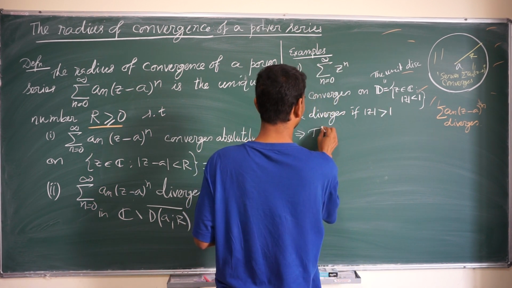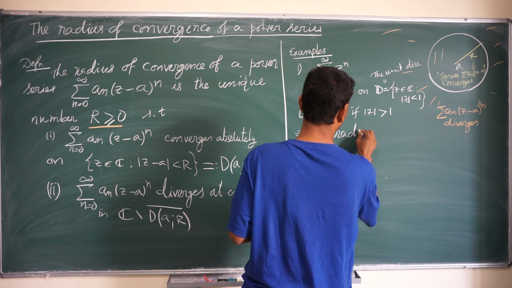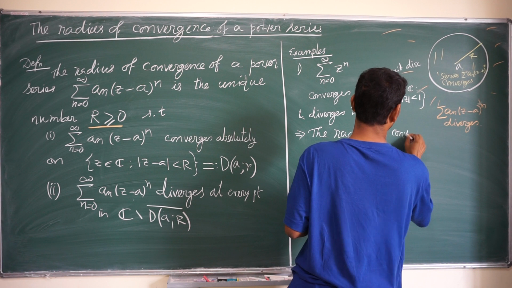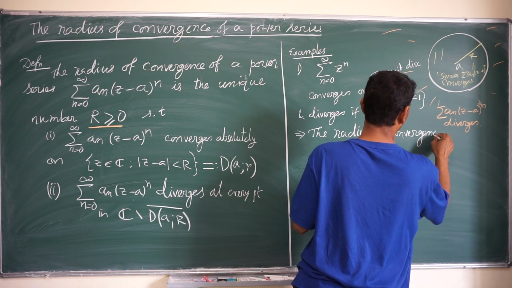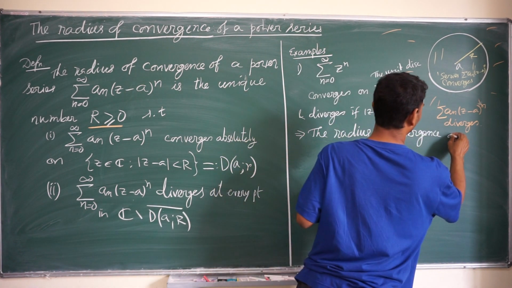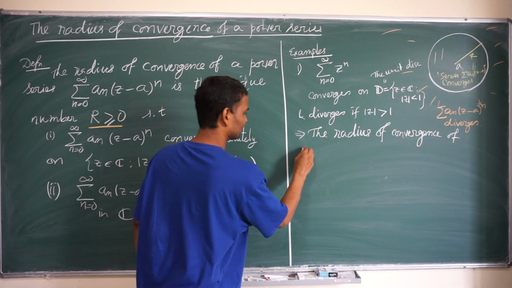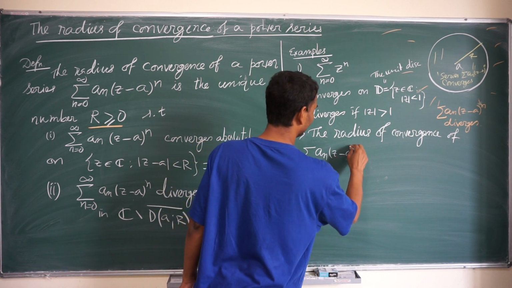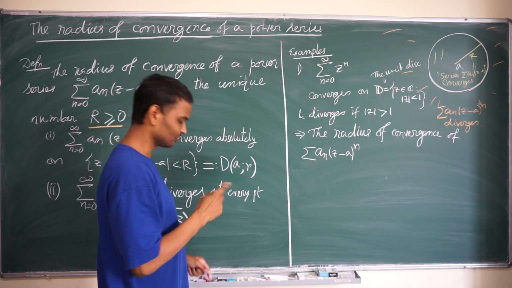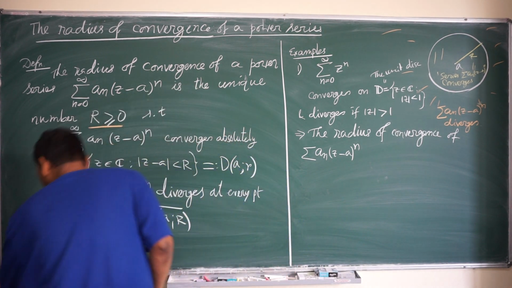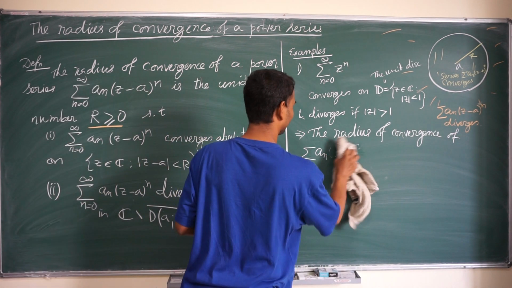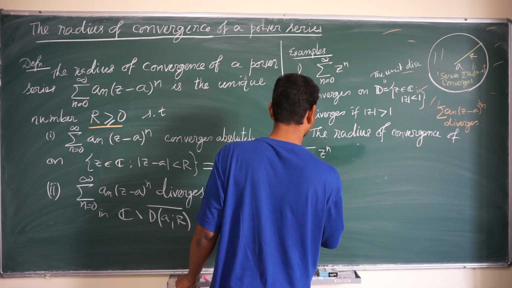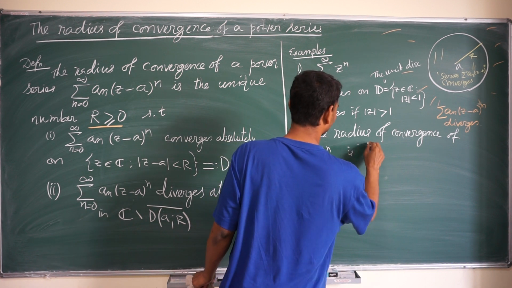This implies the radius of convergence of the series summation a_n (z minus a)^n, where here a_n is 1 and the series is summation z^n, is 1.